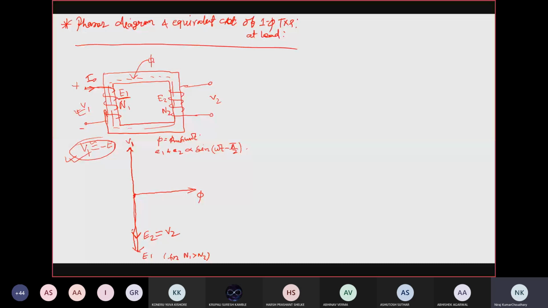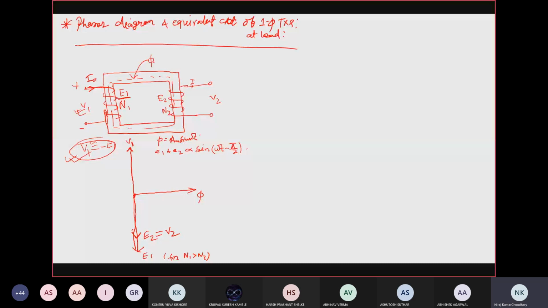Now V2 will be equal to E2 because we have considered open circuit condition, that is no load is present here. So the current flowing through this winding will be zero, so no drop will be there, and hence both will be equal, right? So we have represented the flux, induced EMF, as well as the applied voltage in the phasor diagram.